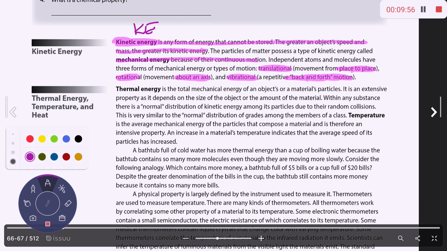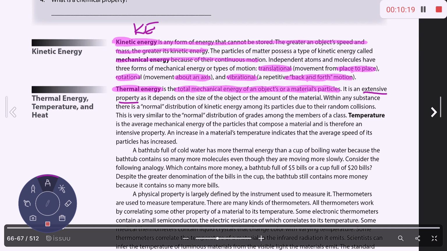Thermal energy is if I add up all of the motion in a sample of matter. So all those particles' motion would get added together. And then this would be considered an extensive property because it depends upon how much I have. And then, what else?